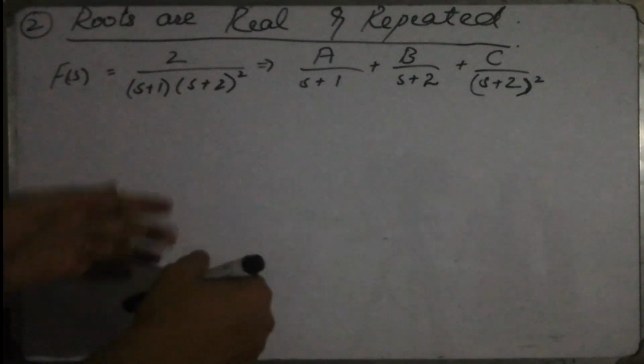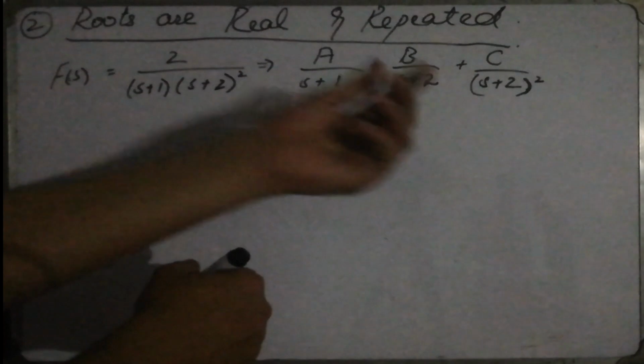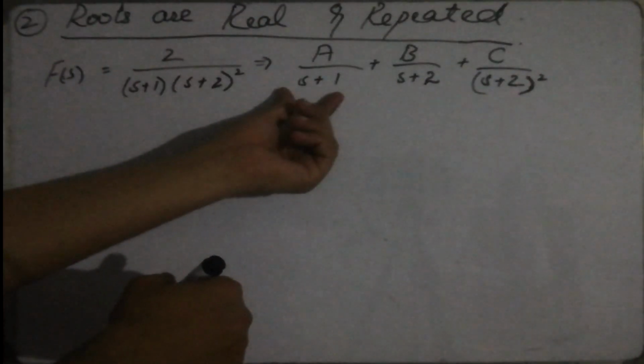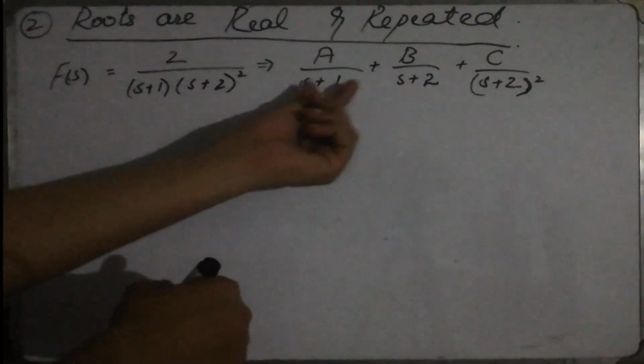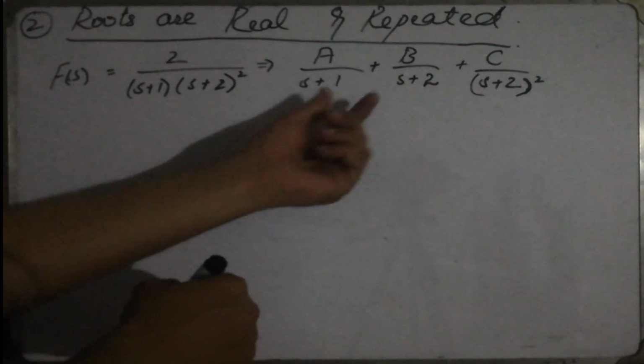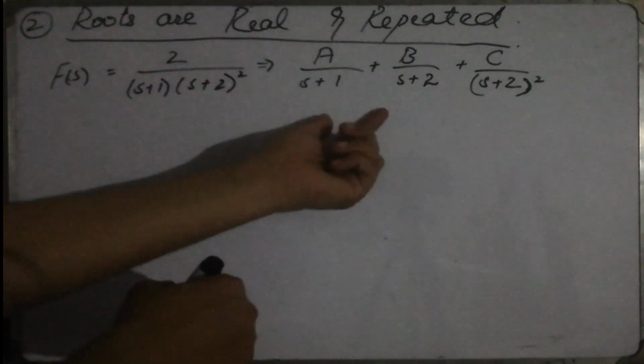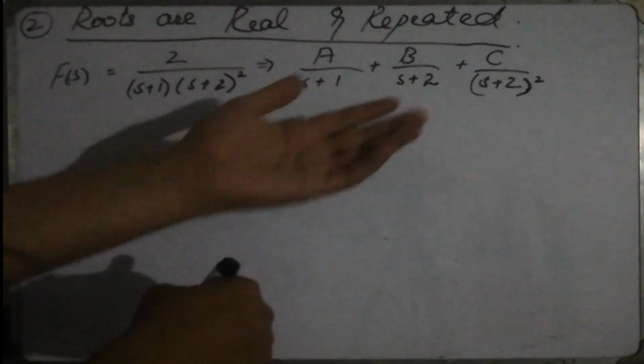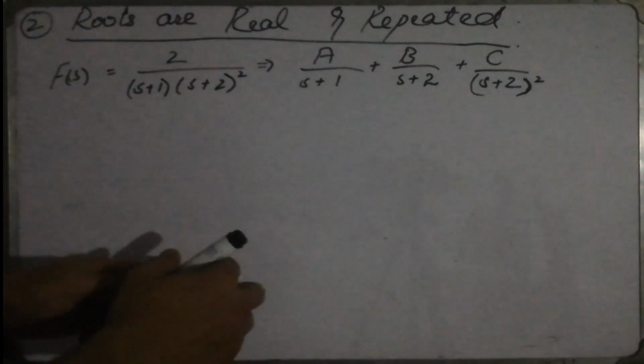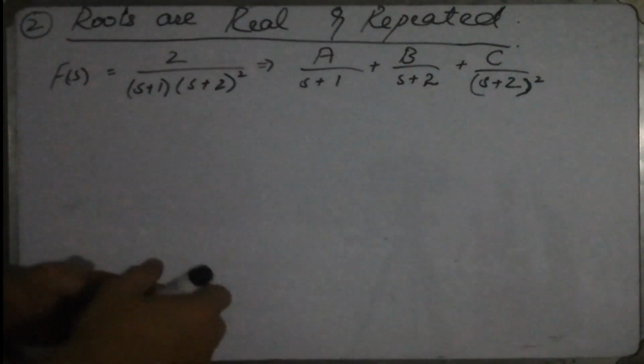Now for this case, to convert them into partial fractions, we keep 2 constants the same way as in the previous case, but we also add another one for the repetition. So it will be s plus 2 whole squared.